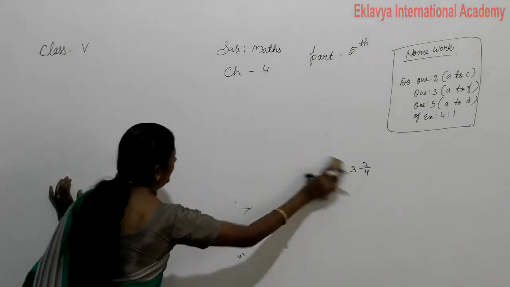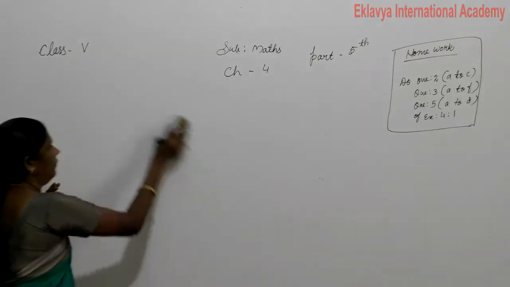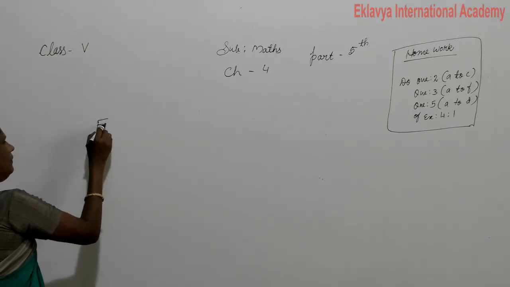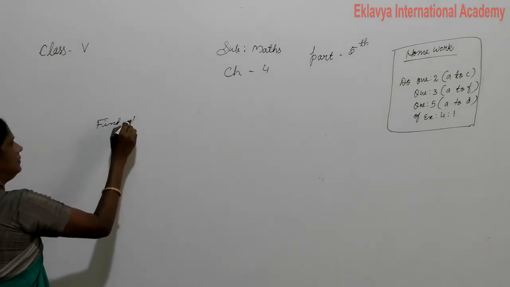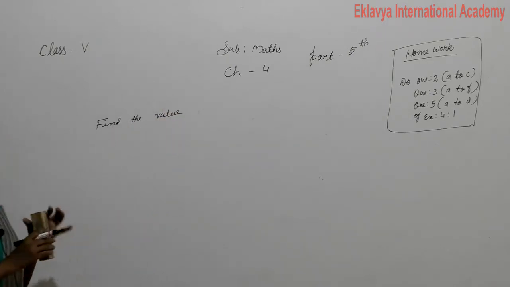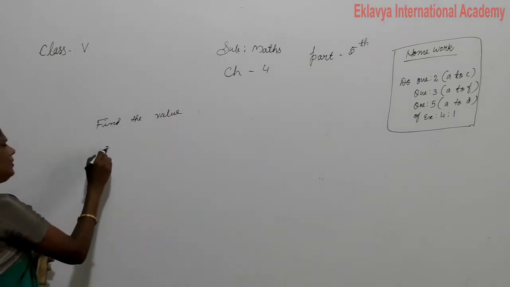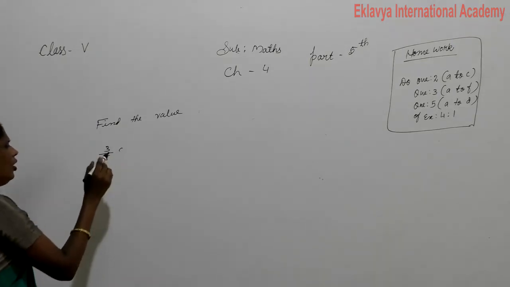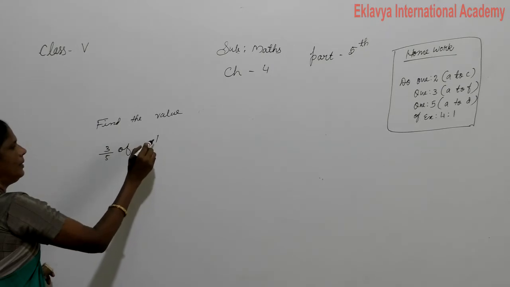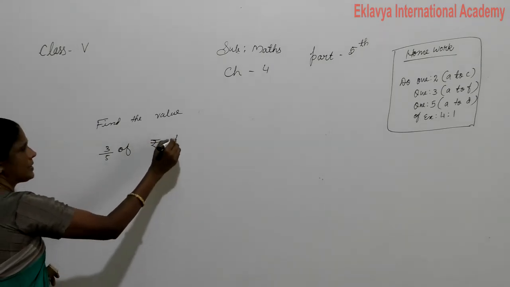Find the value. First, 3 by 5 of rupees 1000.